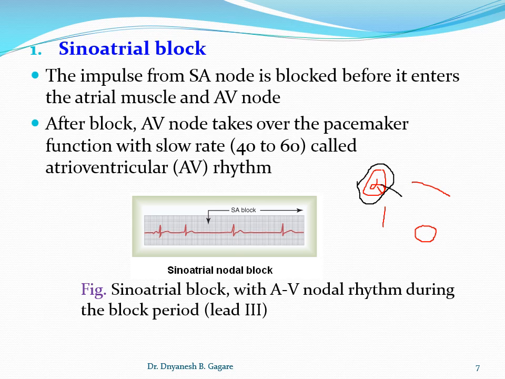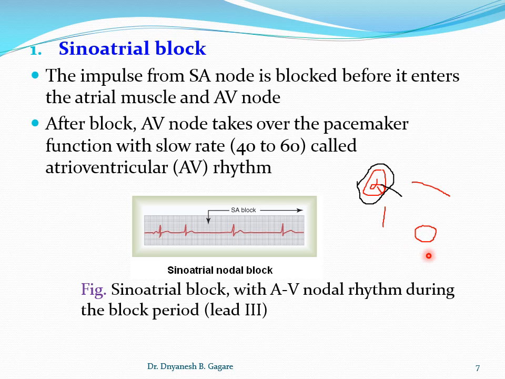So this transmission is blocked and it is called sinoatrial block. Impulse generation is normal, but it is not conducted to the rest of the part. After the block, what happens is the AV node takes charge of the pacemaker and starts the generation of the impulse.